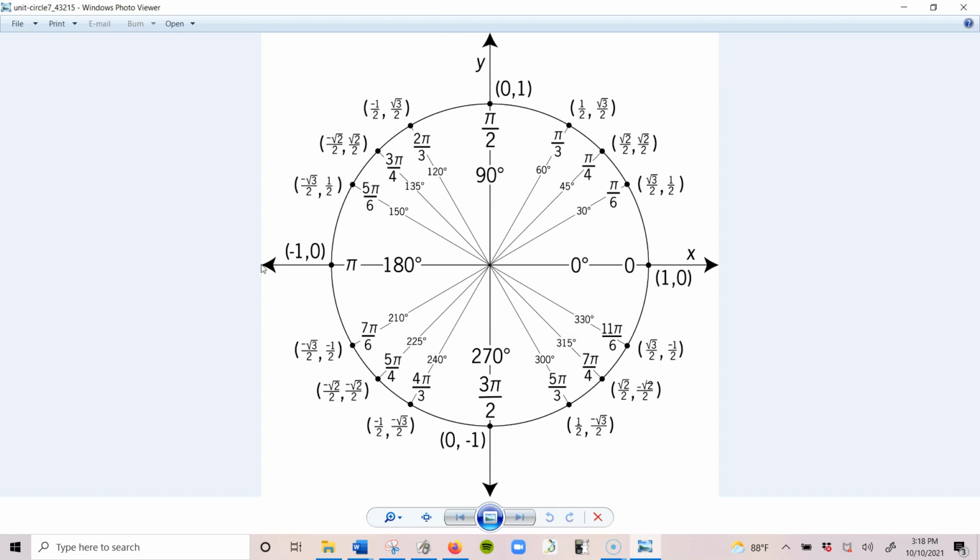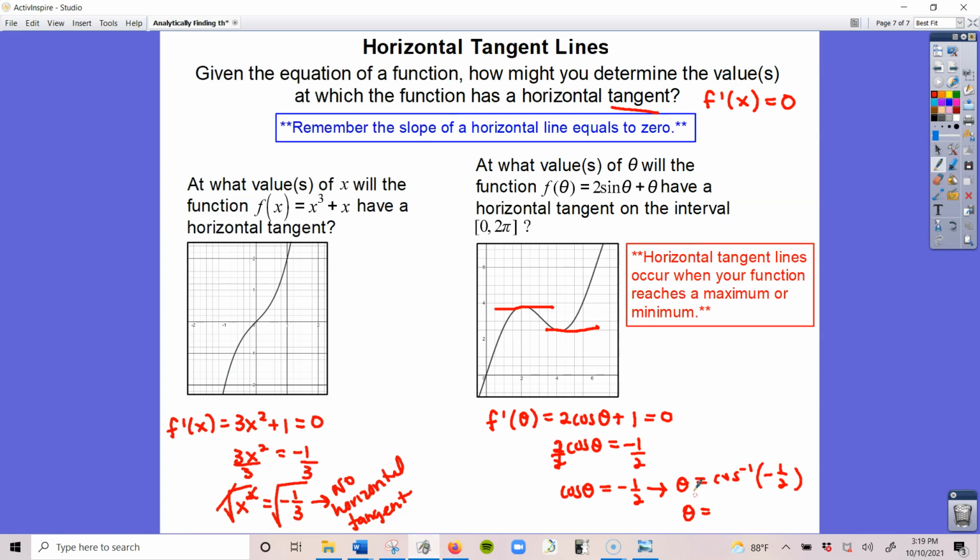Now if I continue to search my unit circle, we also have a cosine value of -1/2 at 4 pi over 3. So those are my two solutions, 2 pi over 3 and 4 pi over 3. So we would have horizontal tangents when theta is equal to 2 pi over 3 and 4 pi over 3.